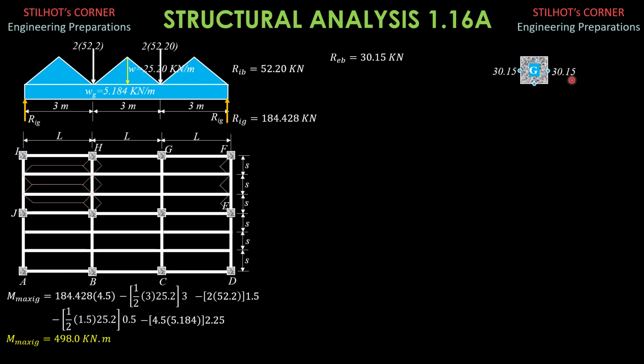The axial load on column G therefore is 184.428 plus 2 times 30.15, which is 244.7 kilonewtons.